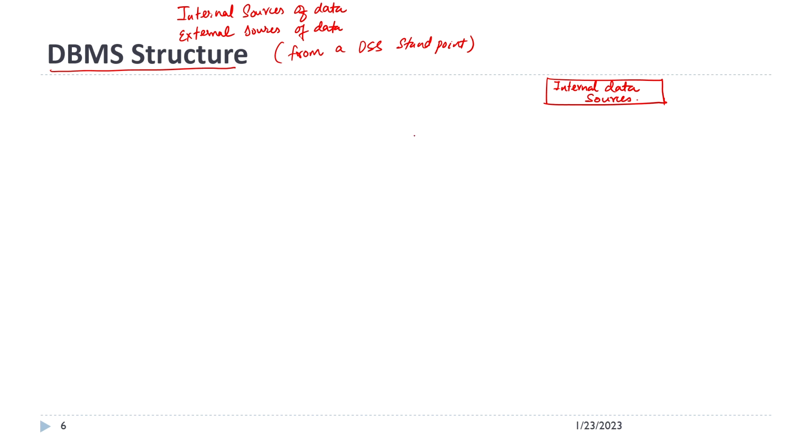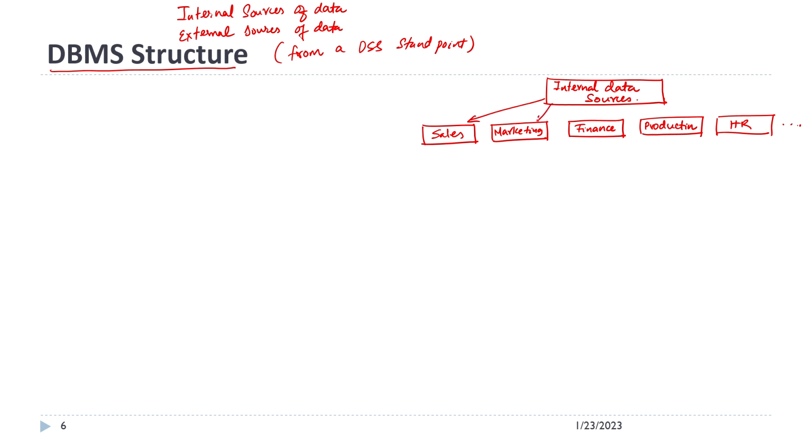So, we are going to talk about it as sales, marketing, finance, production, and HR, etc. So, these are the internal sources of data.